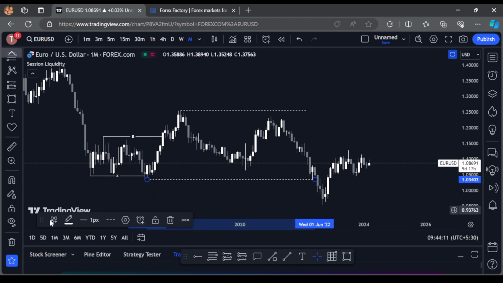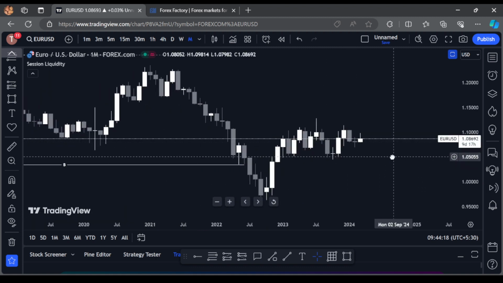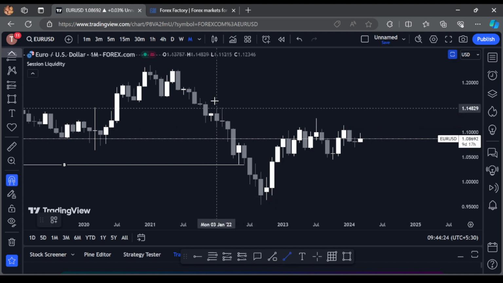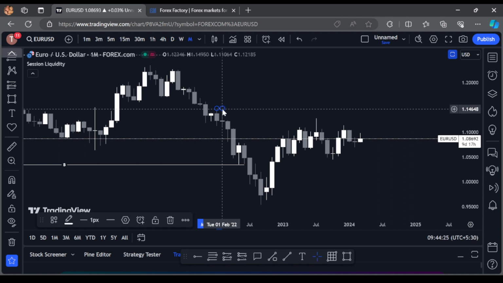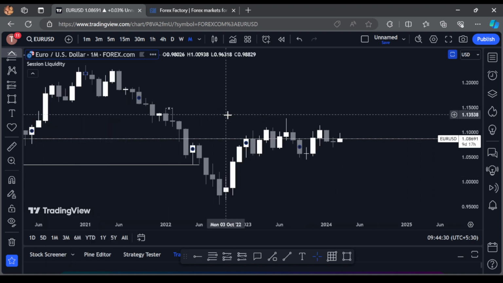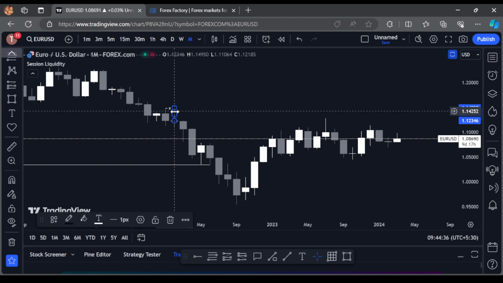This breaking below the low gave us a bearish bias in the monthly time frame. Now, the price retraced back after breaking the low to this area over here. This was the area where the candle had taken the high of the previous monthly candle, making this a strong zone of reaction.